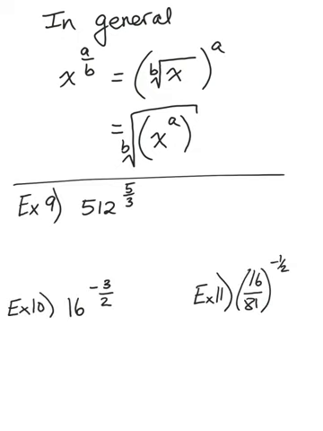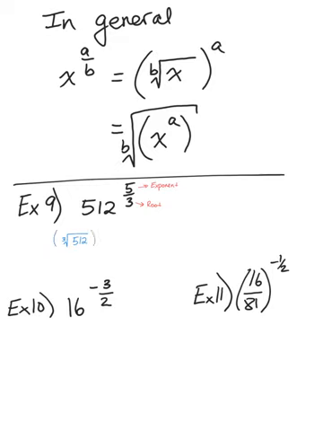All right, let's try some examples here. In example 9, I have 512 to the power of 5 over 3. So again, remember that your top number is your exponent and your bottom number is your root. So I'm going to rewrite this using the first method that I showed at the top of the page. I'm going to say 512. I want to make it a small number first, so I'm going to take the root first. It's a cube root because the bottom number is 3.